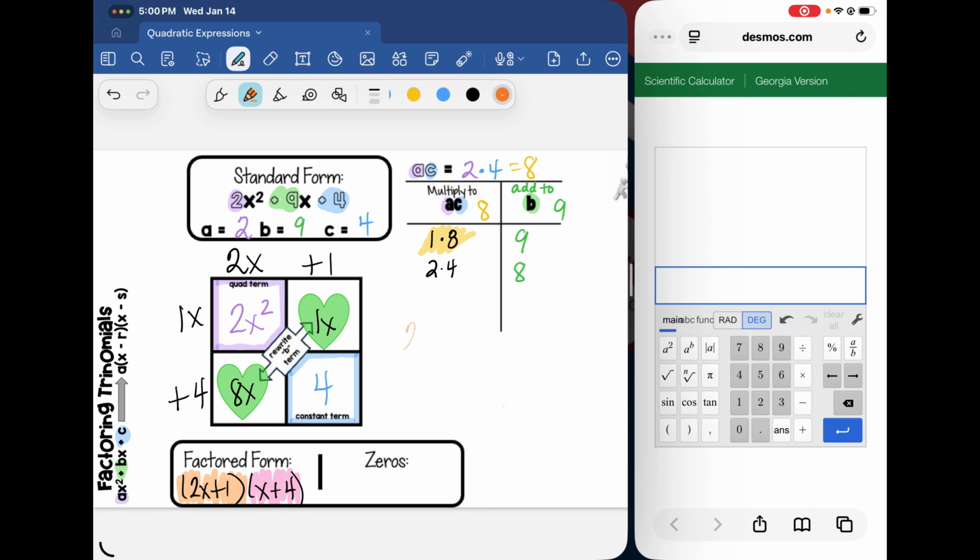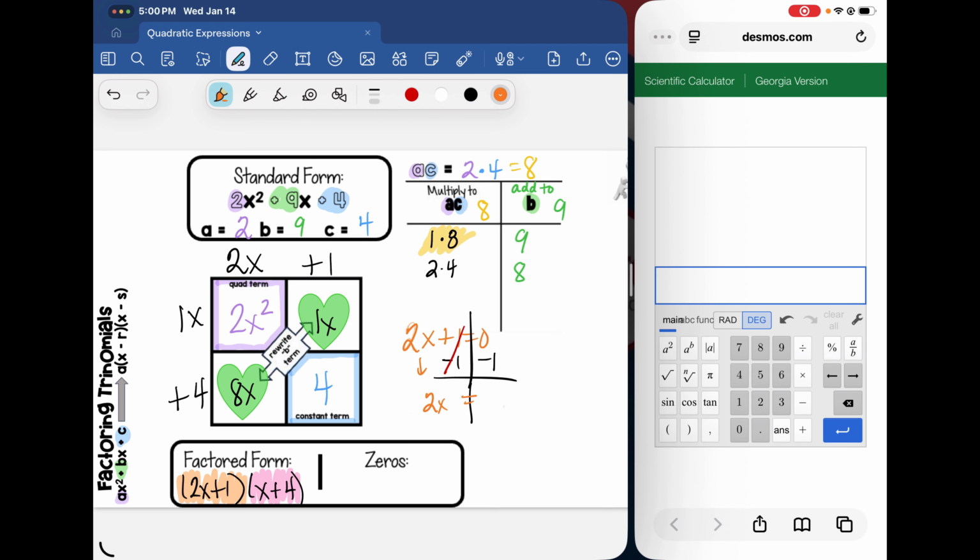All right, 2x plus 1 is equal to 0. How do we solve for x? I can subtract 1 from both sides, which will cancel out my 1's, and I can bring down my 2x.